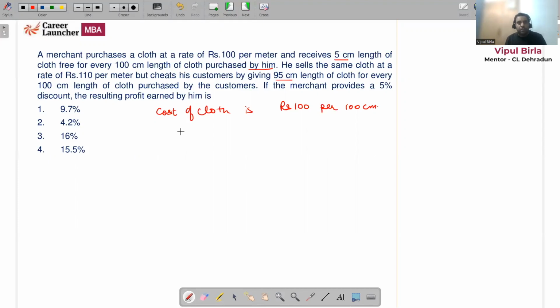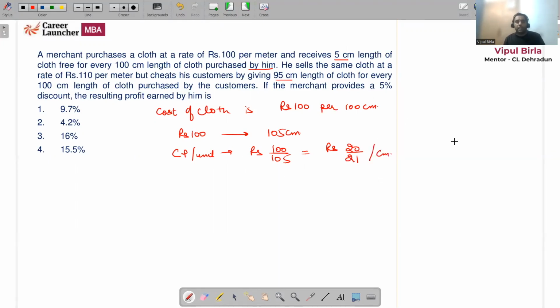That means by paying rupees 100, he's able to get 105 centimeter. So the cost price per unit centimeter is equal to 100 upon 105, which is equal to rupees 20 by 21. So this is the cost per centimeter.